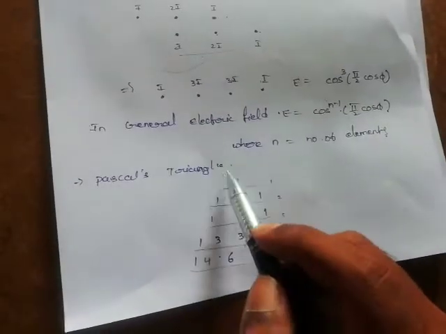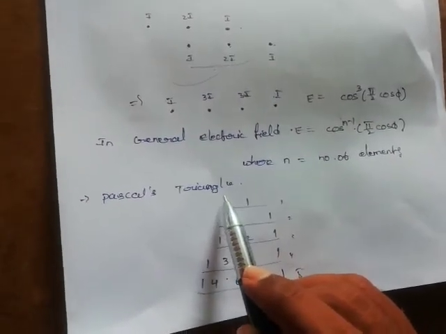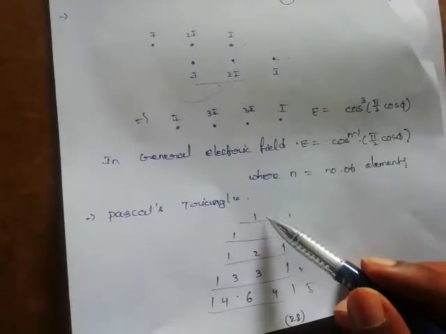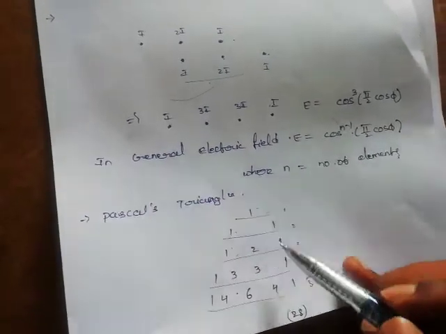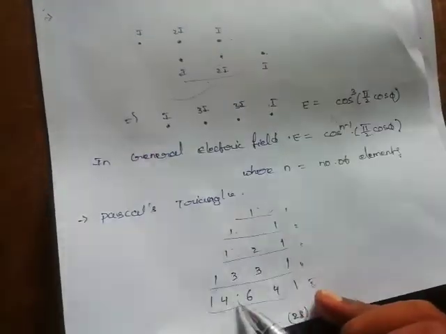Okay, so how do we get this arrangement? The binomial array is derived using Pascal's triangle. All of you are aware of Pascal's triangle. This is the arrangement of Pascal's triangle: 1, 1, 1, 1, 2, 1, and 1, 3, 3, 1, 1, 4, 6, 4.